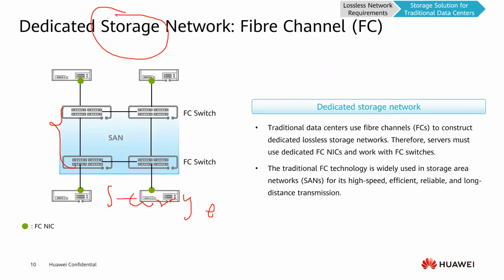For the dedicated storage network, we use a Fibre Channel, FC network. Traditional data centers use FC to construct a dedicated lossless storage network. Therefore, servers must use a dedicated FC NIC and work with an FC switch. The traditional FC technology is widely used in storage area networks for its high speed.